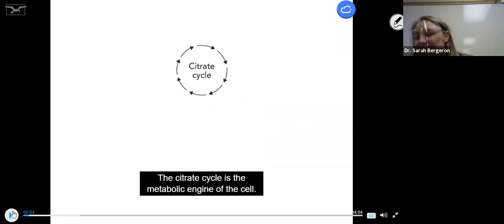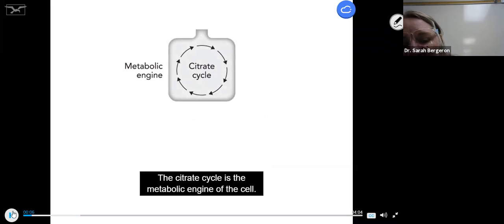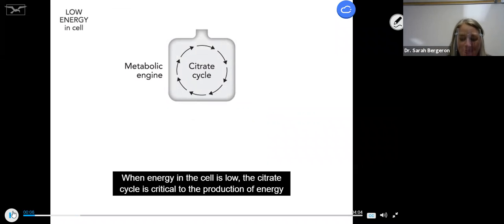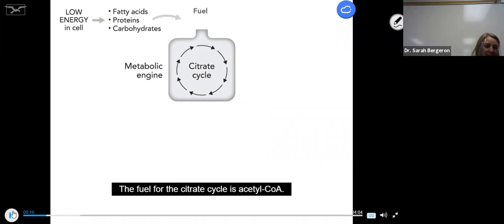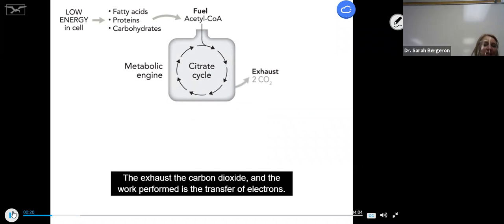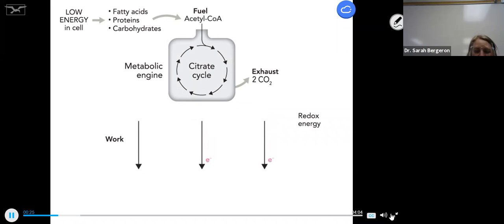The citrate cycle is the metabolic engine of the cell. When energy in the cell is low, the citrate cycle is critical to the production of energy from fatty acids, proteins, and carbohydrates. The fuel for the citrate cycle is acetyl-CoA. The exhaust is carbon dioxide, and the work performed is the transfer of electrons.